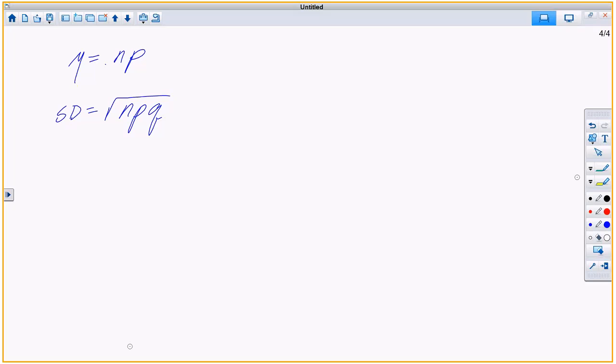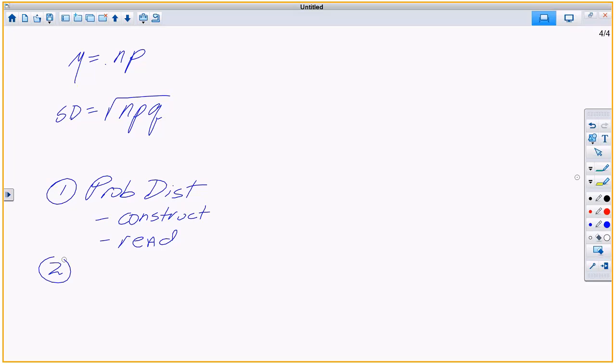All right, so you got 3 type problems. You got 1, construct a probability distribution. Not only construct it, but be able to what? Read it. Okay? 2, N, P, and X. And I think it's under second bars. We'll get to that in just a minute.